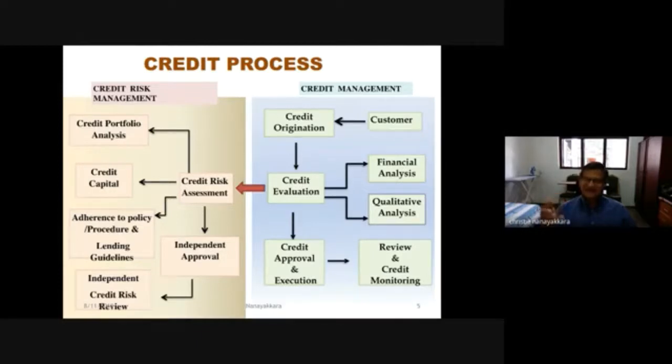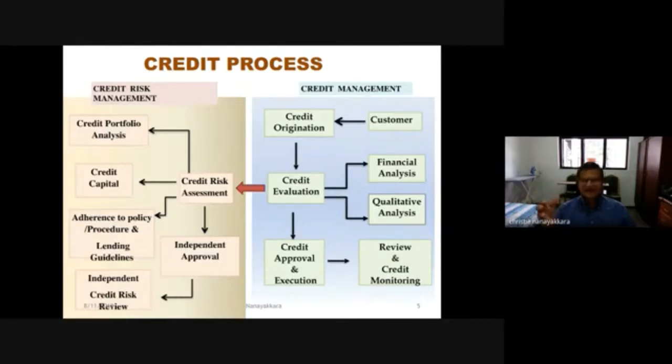Say you send a proposal worth 500 million, and if this 500 million has a 100% risk weight, the bank needs to provide at least 14% of 500 million in equity. So that is what you call credit capital.